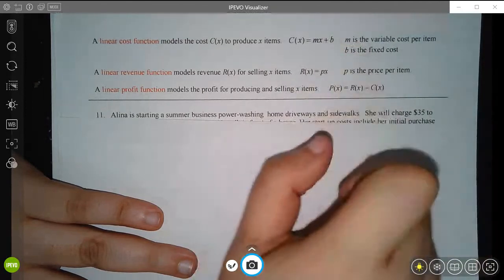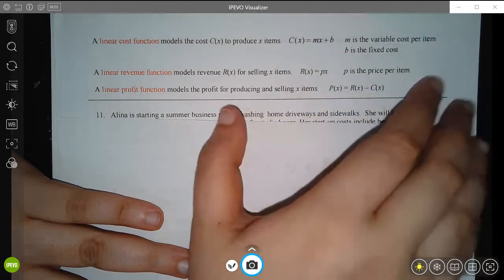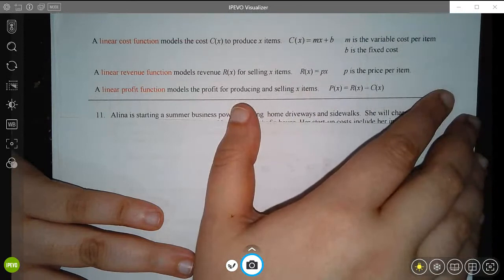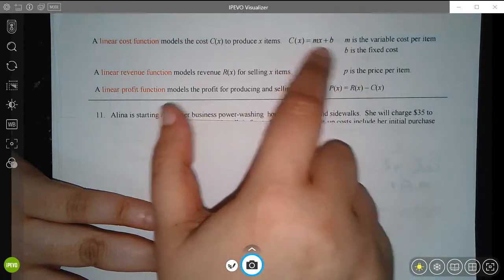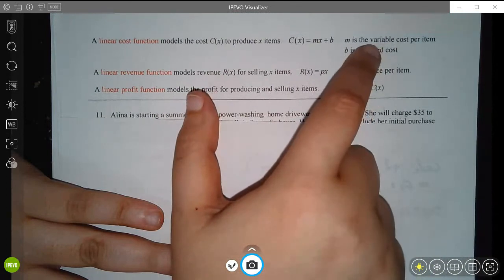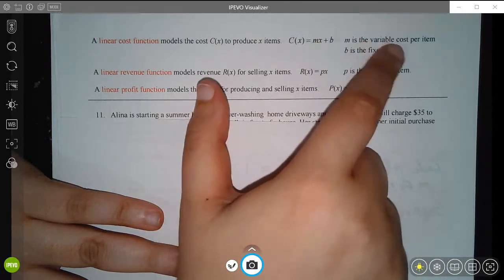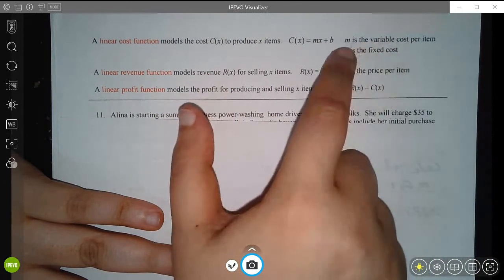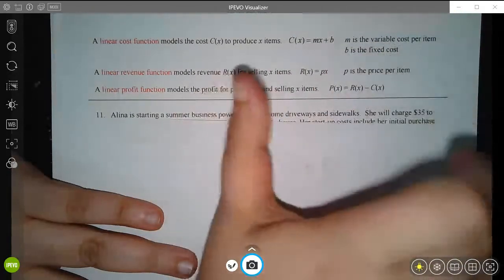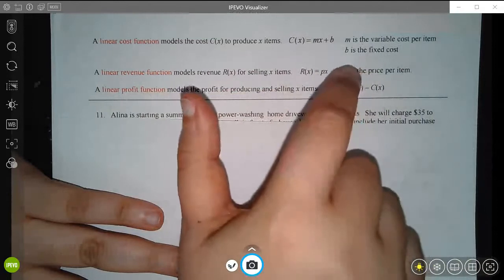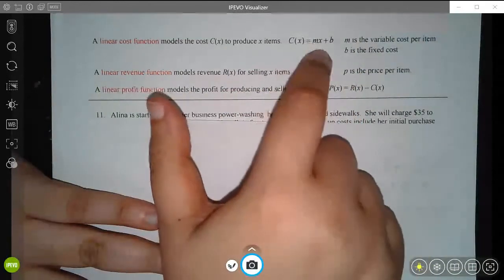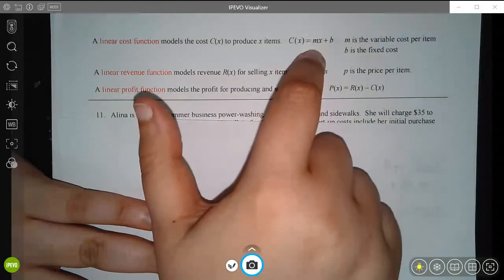B is the fixed cost, something that you're going to pay every time you do this, so it doesn't change, that's why you add it as it is. And M is basically the variable cost per item. Yeah, so M is the slope, how much the cost changes per item every time you do it. That's why it's an average rate of change, and that's why we're using slope.